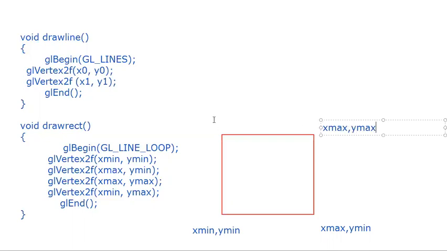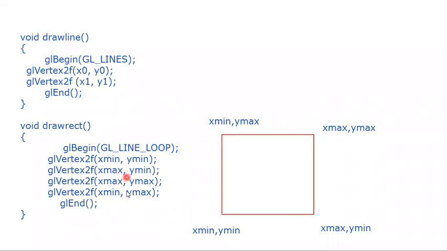Finally, you are doing it here, that is xmin, ymax. This is the last point. This is the actual thing. First I have written xmin, ymin, second xmax, ymin.